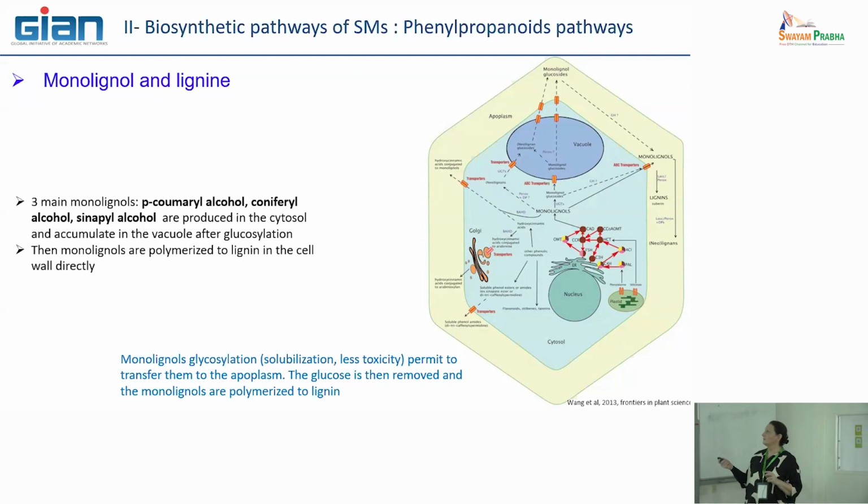And here, in the cell wall, there are also lots of enzymes, so it's not a passive compartment. There is also lots of enzymatic activity in the cell wall, where these monolignols are deglycosylated, so they become again alone without any protection, and they are taken in charge by laccase and also peroxidase in order to polymerize by themselves and to produce lignins.